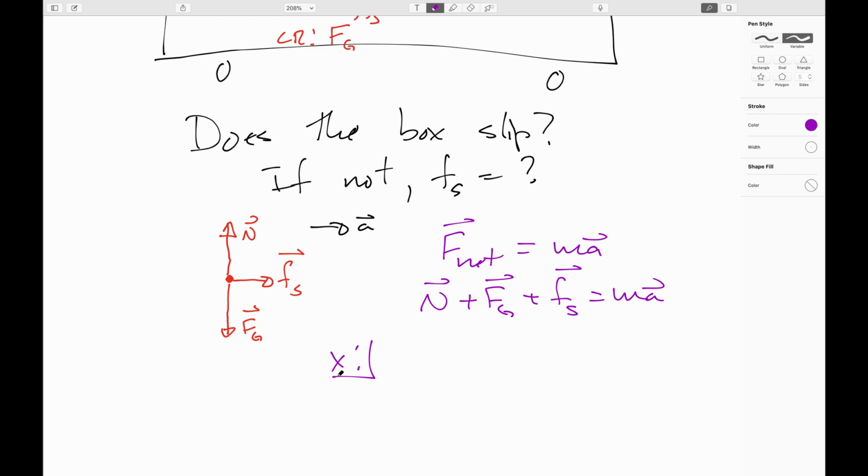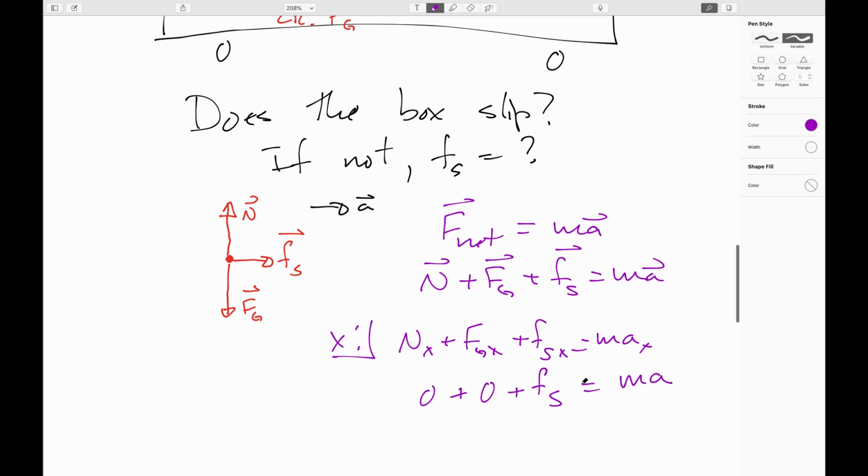So in x, this will become Nx plus Fgx plus Fsx equals max. Well, the acceleration is entirely along x, so we can just write ma. The normal force is 0 in the x, and gravity is 0 in the x, because they're both going purely in y. And the force of static friction is again purely in x, and since it's to the right, it's positive.